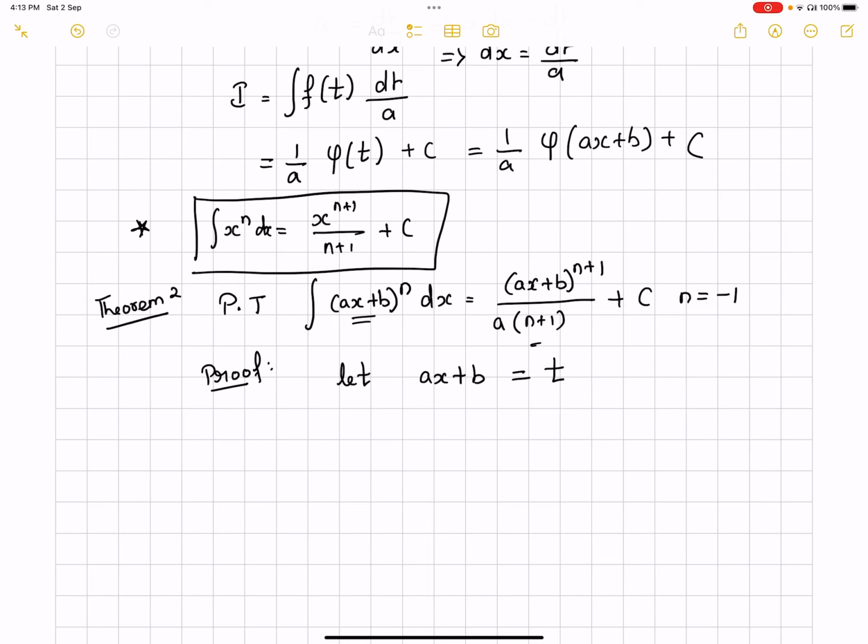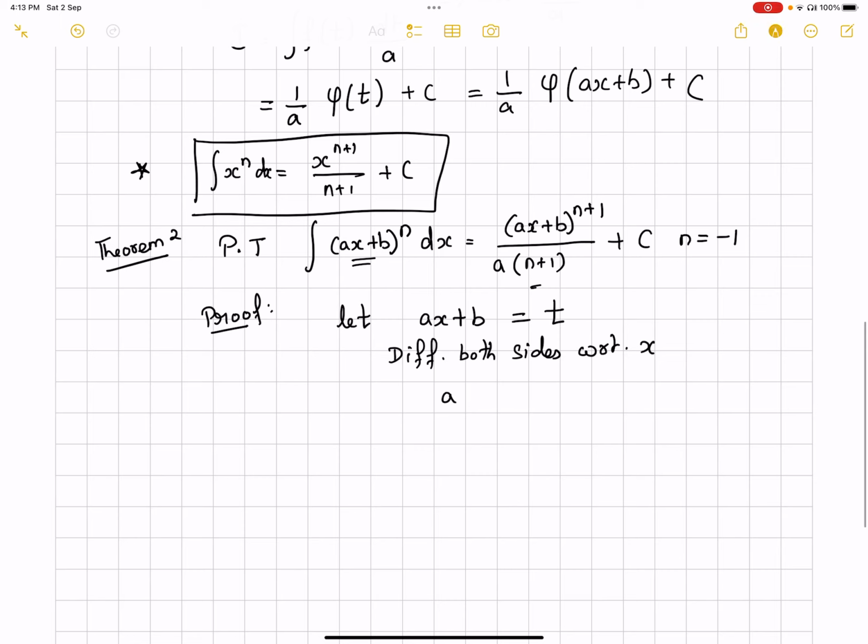So now here, when I differentiate both the sides with respect to x, I get a dx is gonna be equal to dt. Now, what is my dx gonna be equal to? Dt divided by a.